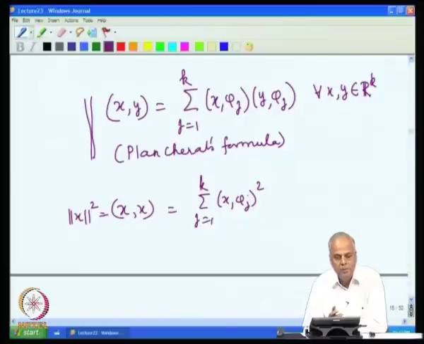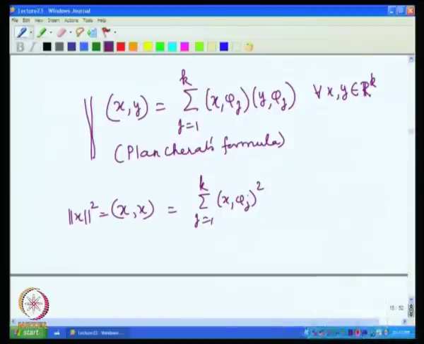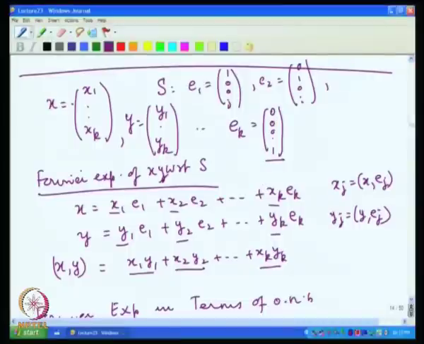Now, again this boils down to saying that whatever ordered orthonormal basis you choose, the length squared is always the sum of the corresponding Fourier coefficients squared. In the standard ordered basis, if we take this vector x 1, x 2, x k, the length squared is simply x 1 square plus x 2 square plus x k square.